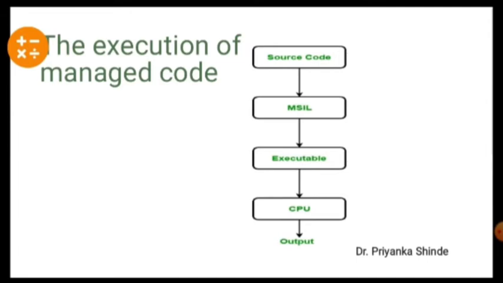Then it creates an executable, and when the executable is run using the just-in-time compiler of CLR, CLR compiles the intermediate language into the native code which is specific to the underlying architecture. So this is how managed code is executed.